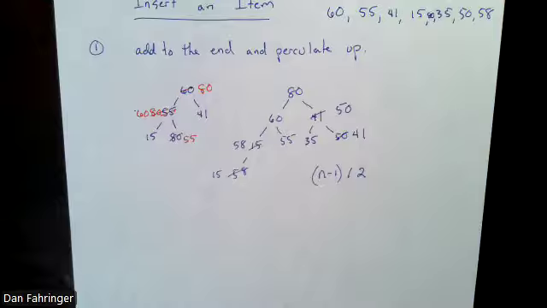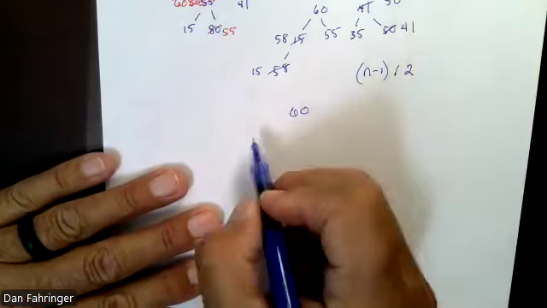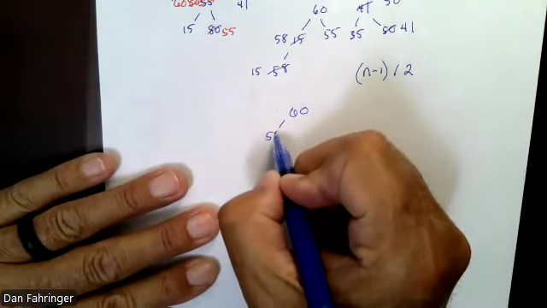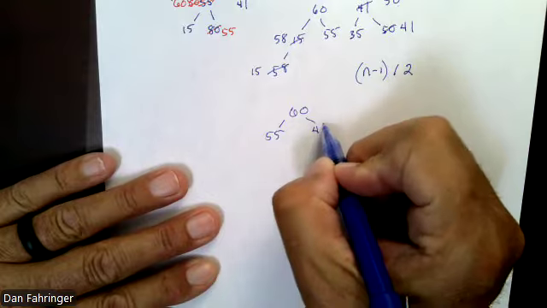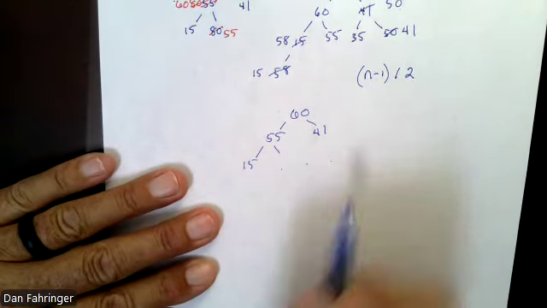I just had a quick question. Yep. Why is 41 going to the right initially? Because I'm filling in left to right. Okay. I put in 60, then I went to the next row, left to right, and I just keep filling in left to right.